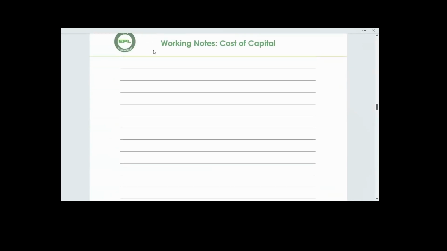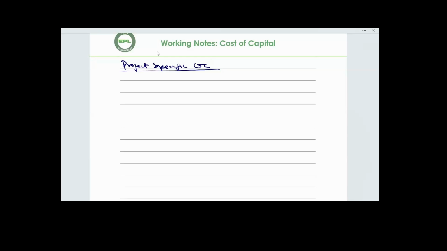Project specific cost of capital. Now, when we started this topic, I told you that WACC can be categorized into three. We have traditional WACC, we have project specific WACC, and we also have WACOCA. Now, we just concluded traditional WACC.